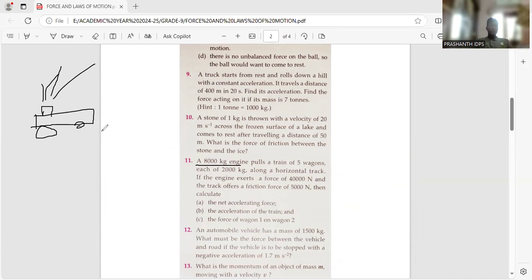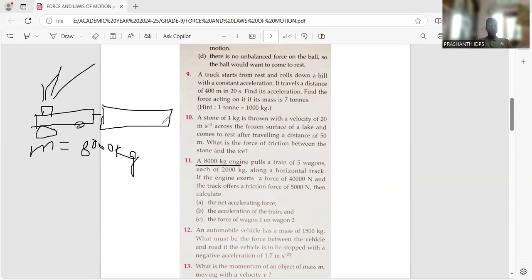What is the mass of the engine? Mass of the engine is given as 8,000 kilogram. And not only that, this train is pulling five more wagons. Wagons are nothing but the boxes.